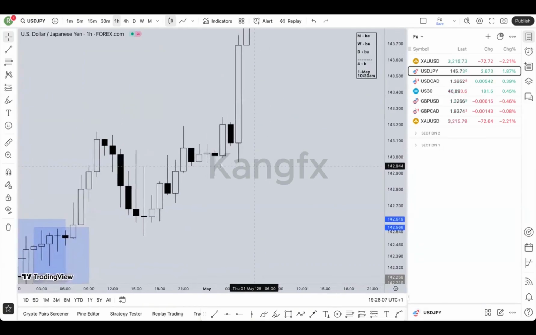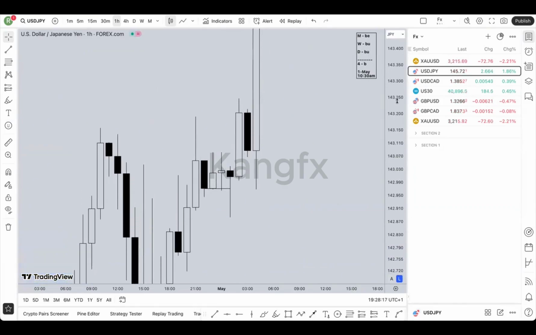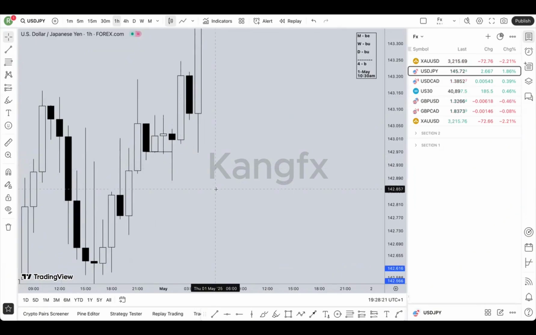We had a rejection again. See this rejection, 1 hour rejects 1 hour. Remember, I said we use this 1 hour reject 1 hour for continuation and confirmation entries. So as long as the market has not gotten to our draw on liquidity, we can keep entering the trades like this.